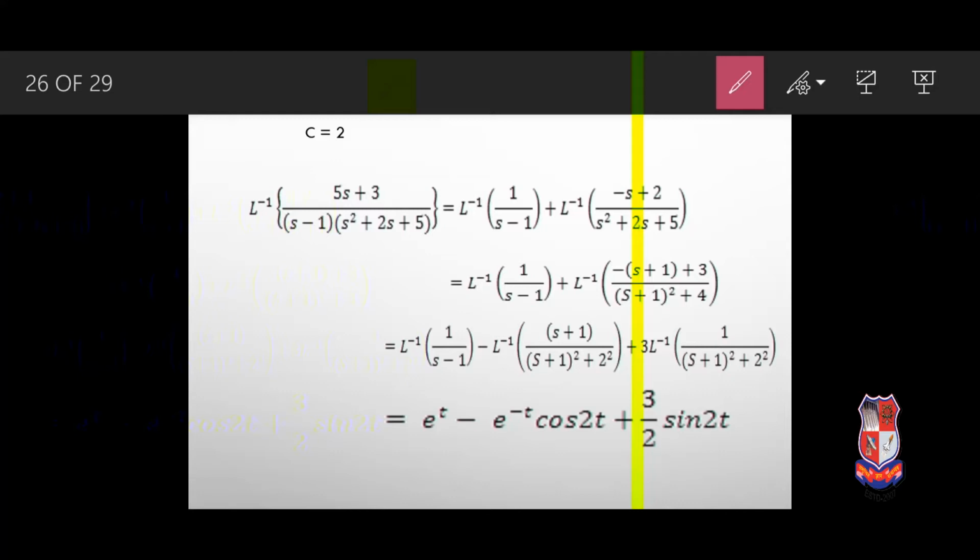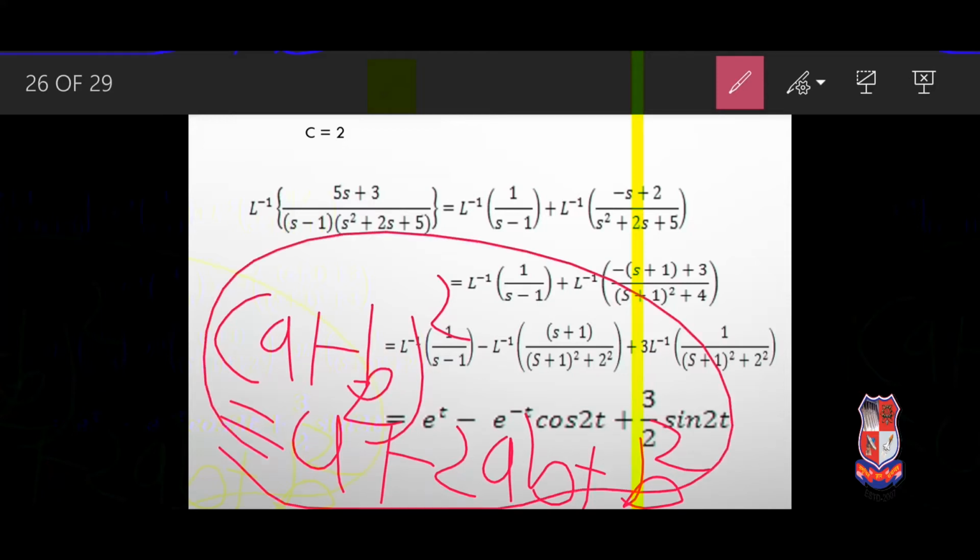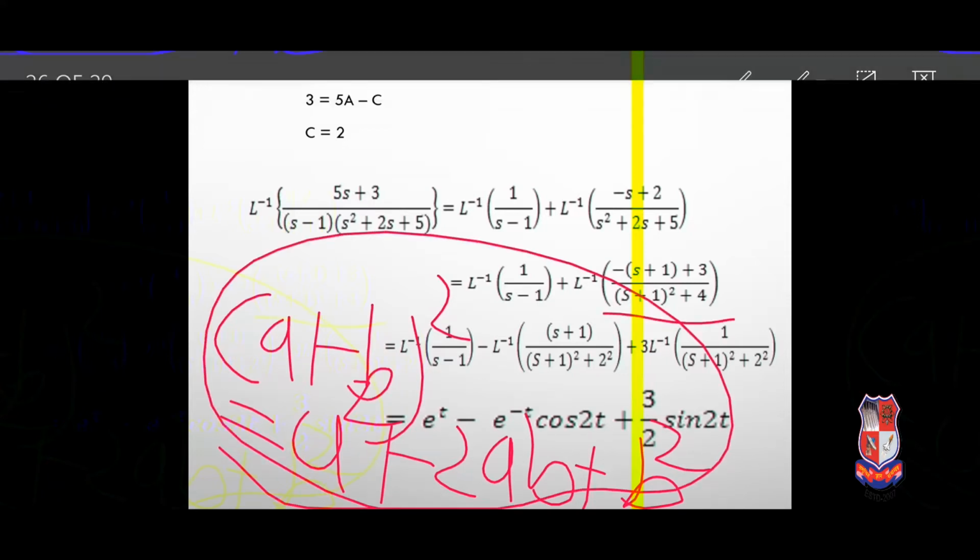Then we use one formula here: a plus b all square is equal to a square plus 2ab plus b square. We are using this formula here.